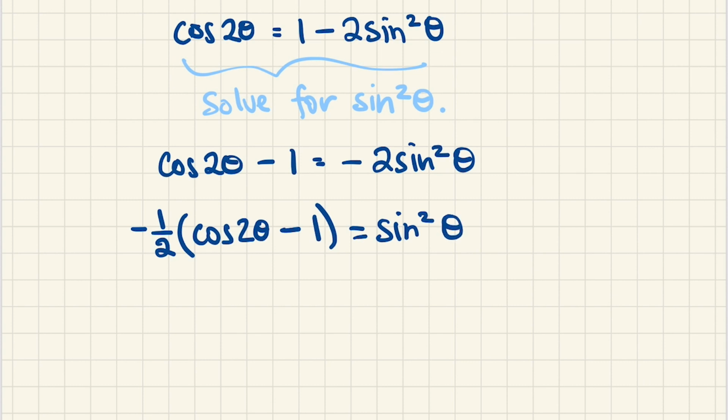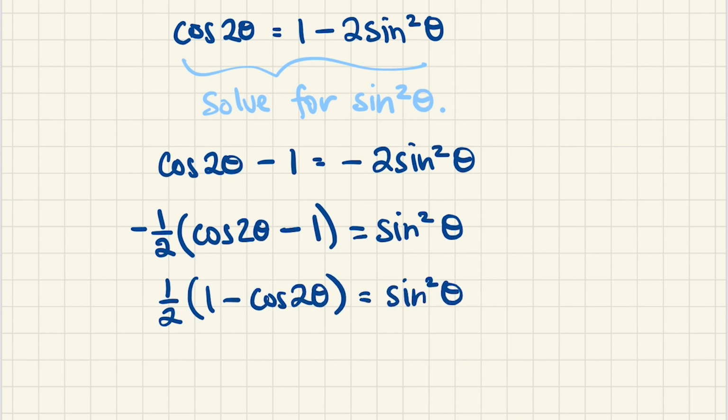And in fact, if we distribute the negative into this binomial, we can swap the order of the 1 and the cosine, makes it a little bit nicer. So we have 1/2 times 1 minus cosine of 2 theta is equal to sine squared theta.